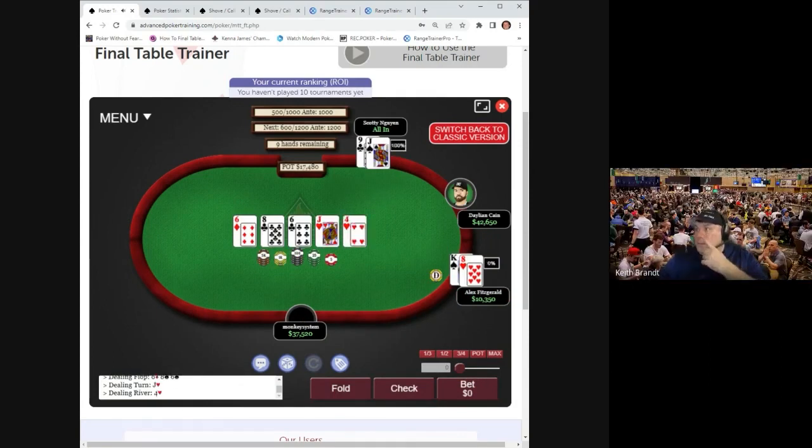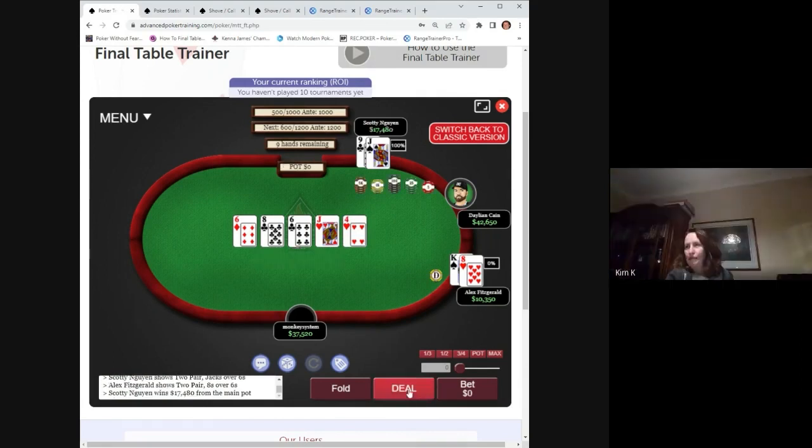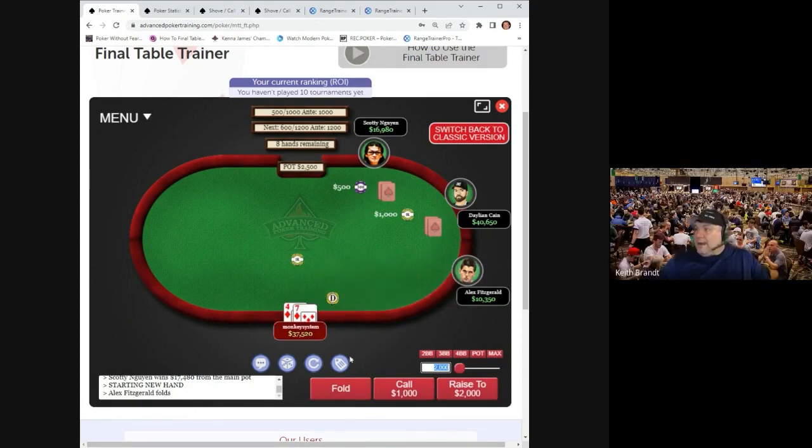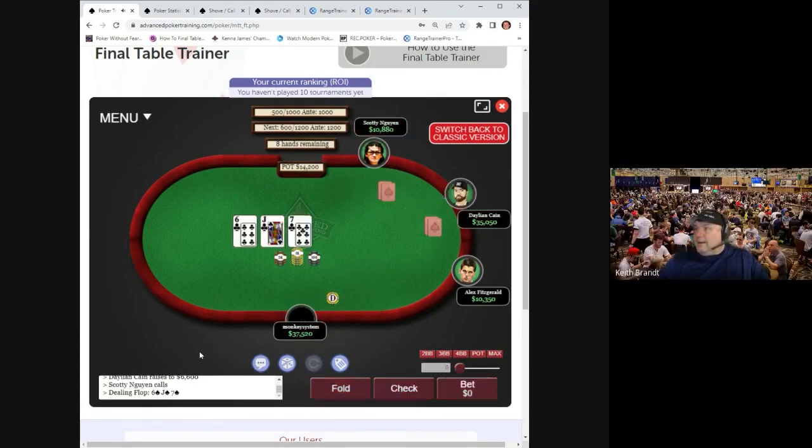Do we want to raise? High fold. We really don't raise into the chip leader. Well, he did.